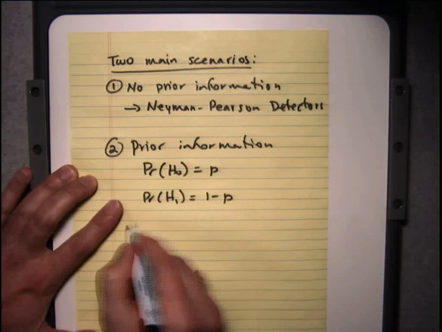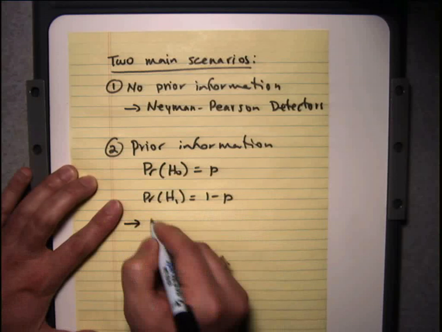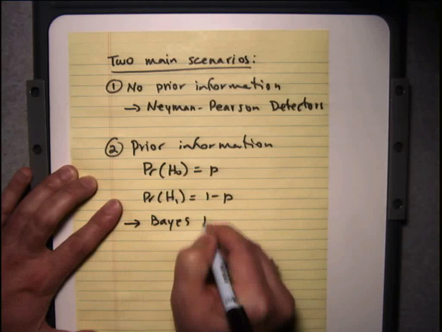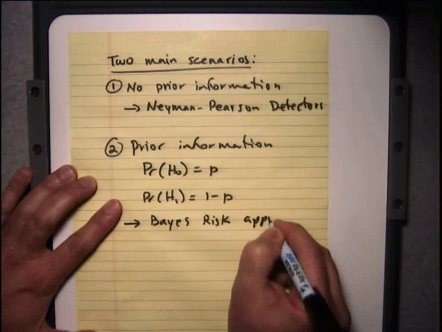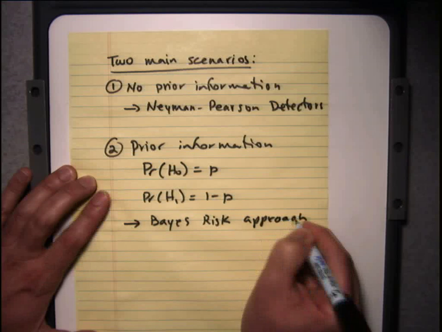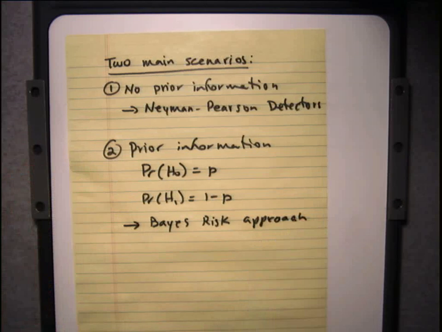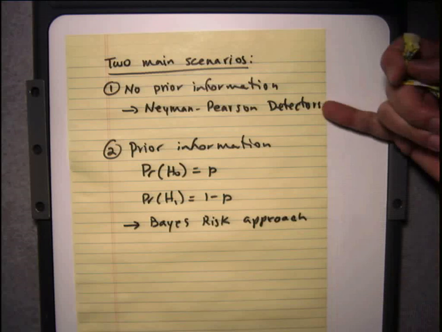This leads us to the scenario called Bayes' risk, which comes a little bit later. The first, most directly useful stuff that we're going to do is these Neyman-Pearson detectors.